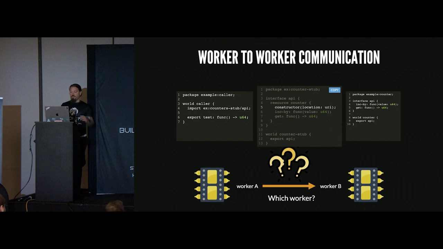And the location will identify which worker you want to talk to. And after you constructed the resource, you can just call the counter's originally exported functions, but it will now have an associated location where we want to do the remote call to. And we change the caller to import this counter stub instead of the original interface.